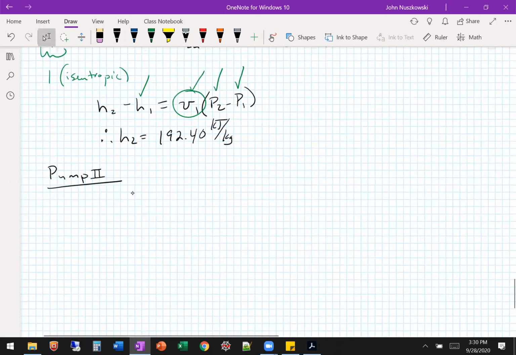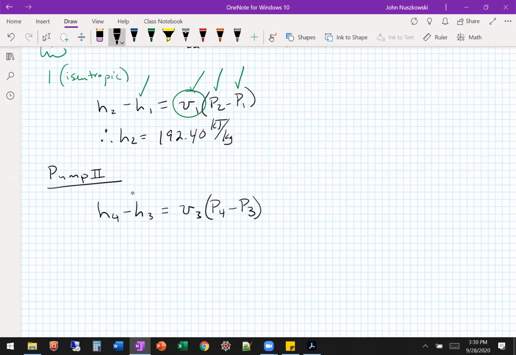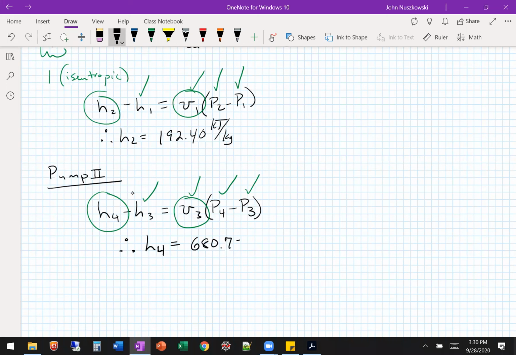And we're just gonna get enthalpy 4 minus enthalpy 3 is V3 times P4 minus P3. We have our pressures. We already got our specific volume. We have our enthalpy at state 3. So again, our only unknown is H4. So we can solve for enthalpy at 4. We get 680.73.